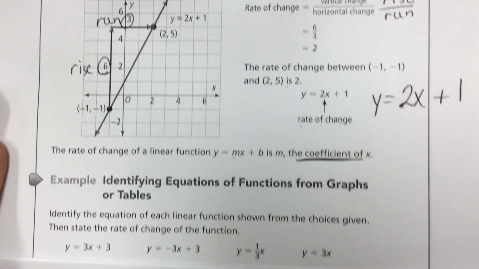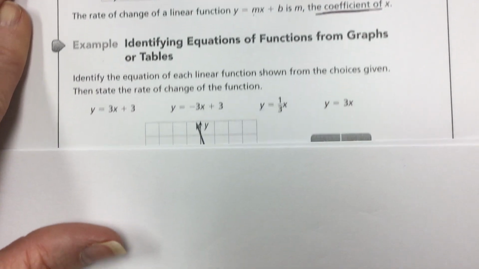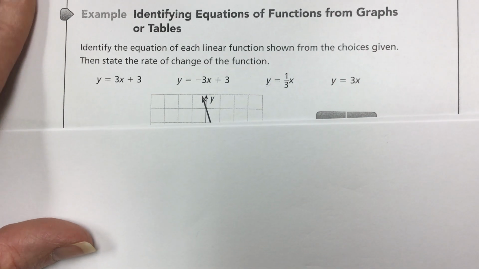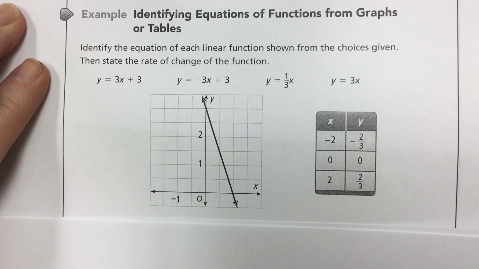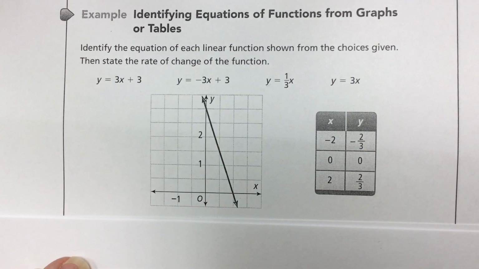Next, we're going to be identifying equations of functions from graphs or tables. Identify the equation of each linear function shown from the choices given. Then state the rate of change of the function.